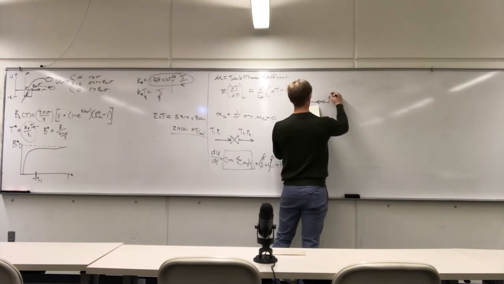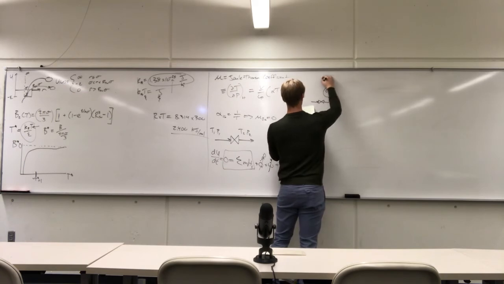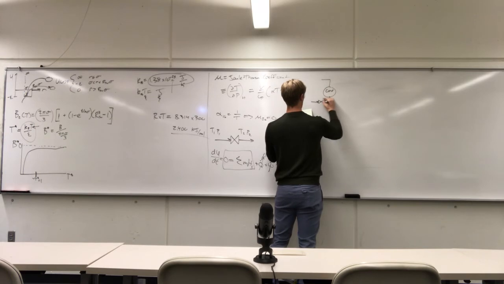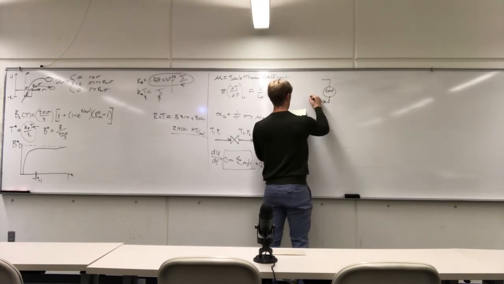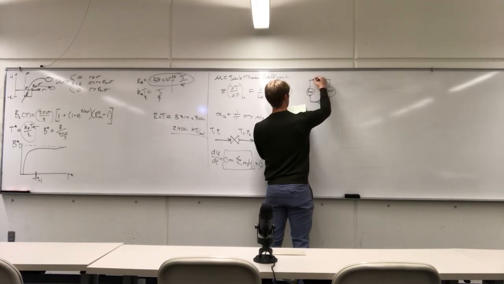We have the condenser. It goes into, let's see, I'm getting this backwards here. Condenser to Joule-Thomson, the evaporator, and then it goes into a compressor.